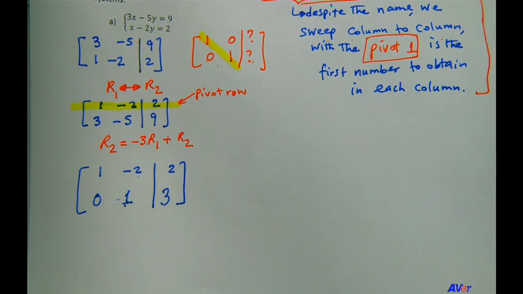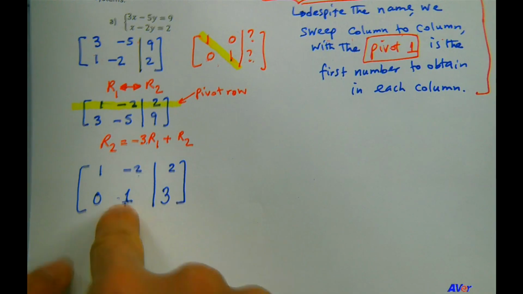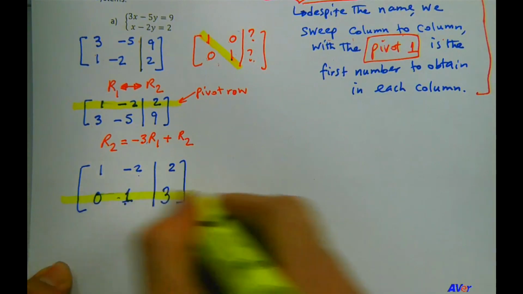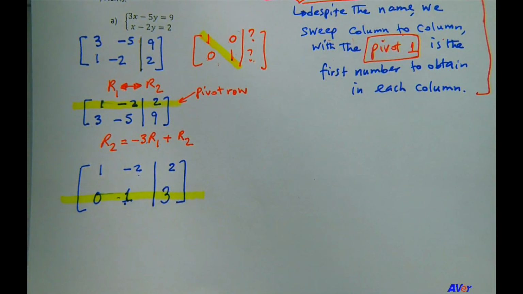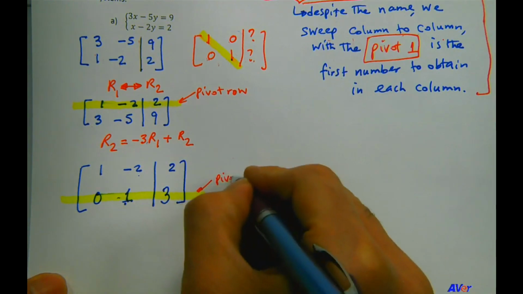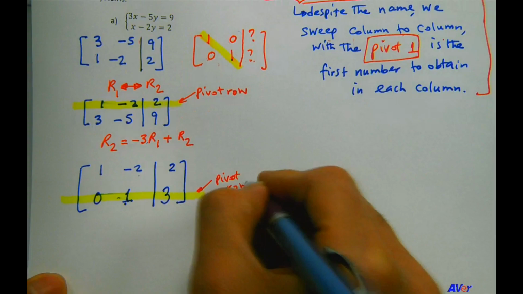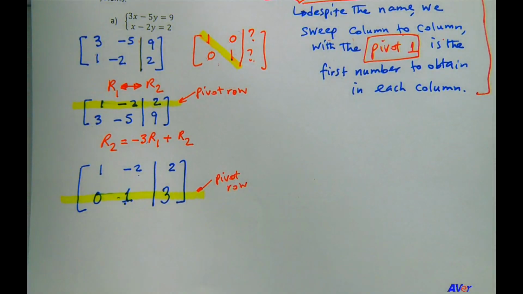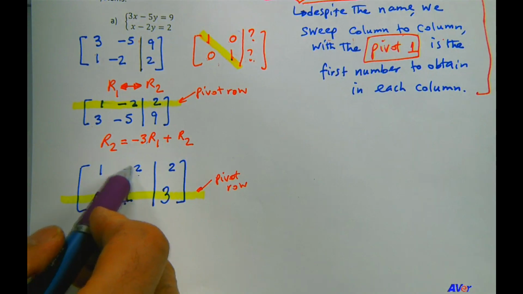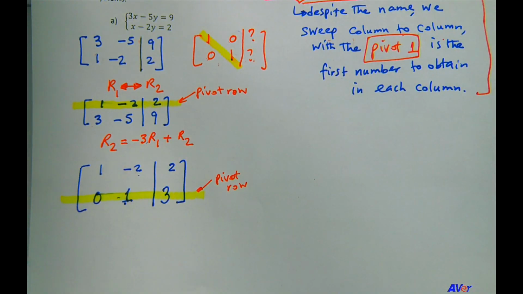Well, fine, but where is this positive 2 going to come from? We just got the diagonal 1, so that row is now the pivot row. To get the positive 2 that we need to add, use the pivot row.